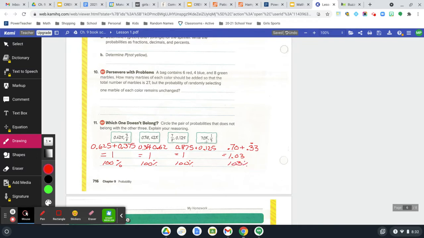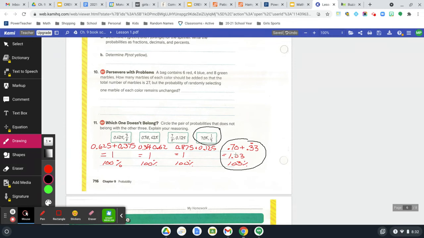So these two values are not complements of each other. So this card right here does not belong due to, when we compare it using decimal format, they are not adding up to equal 1 or 100%. All the other 3 are adding up to 1 and giving you that complement that we've been talking about.